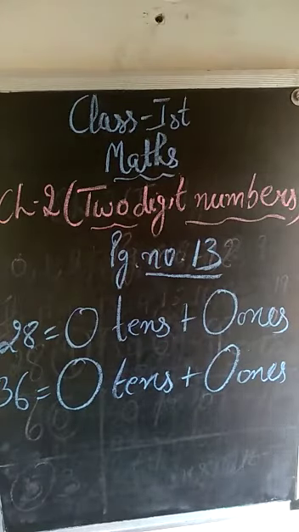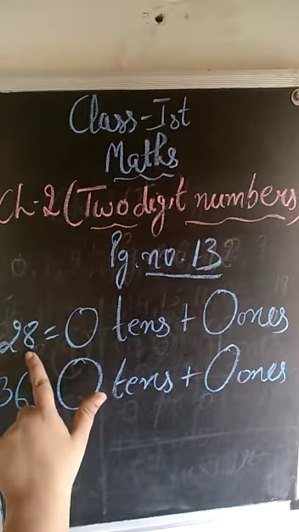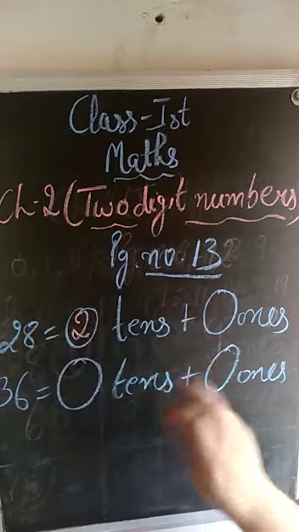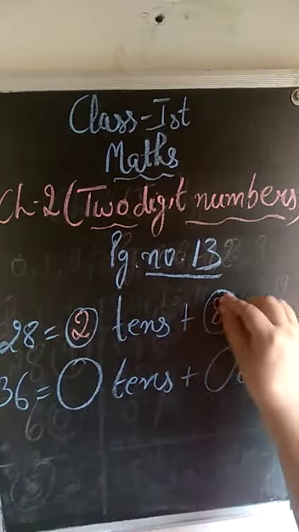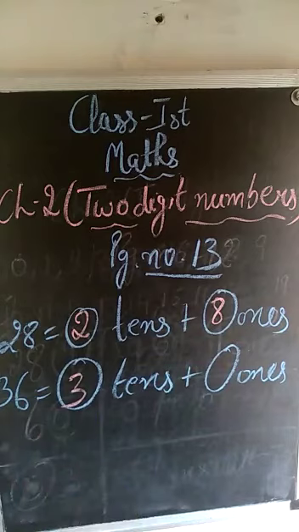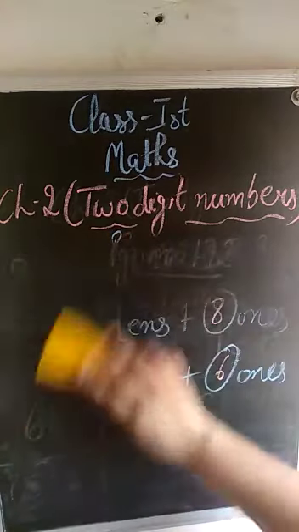Now, as we have the number 28, at the tens place we have the number 2, and at the ones place we have the number 8. In 36, 3 is at the tens place and 6 is at the ones place. In this way, we will do the whole exercise.